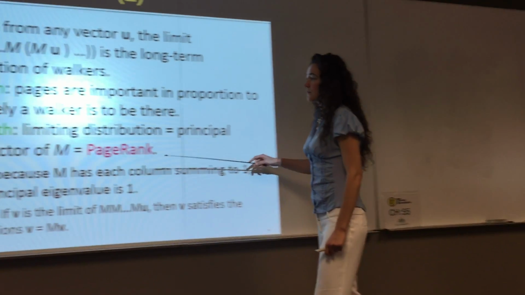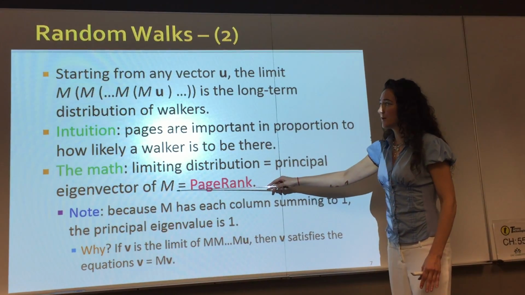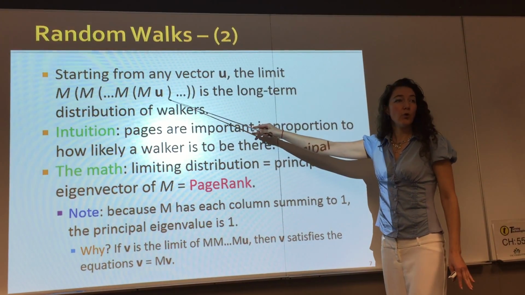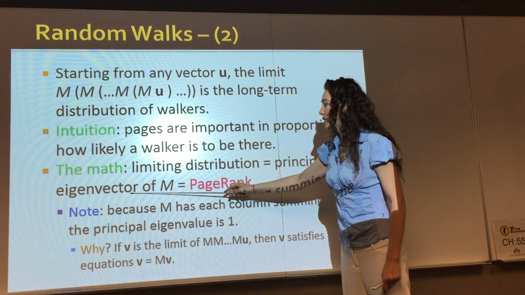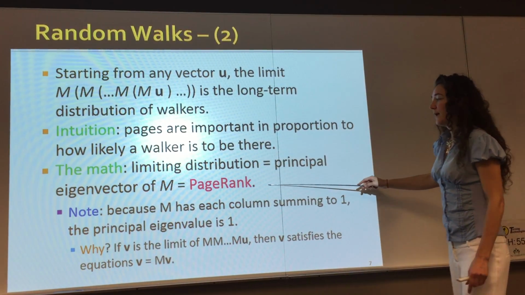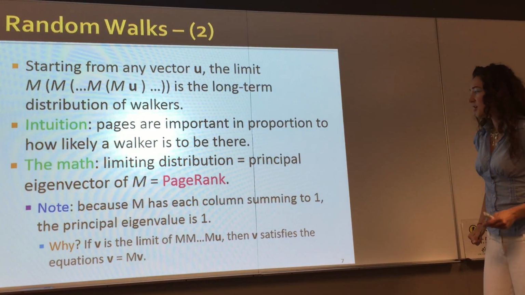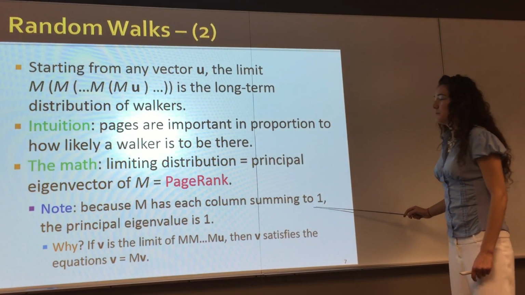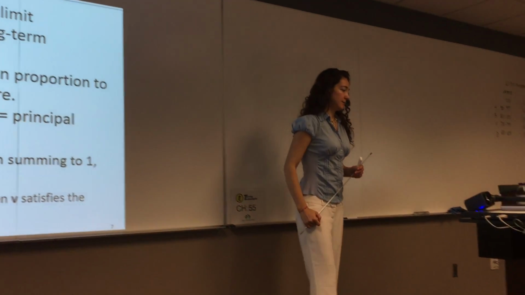So this eigenvector that we talked about, once we keep multiplying the matrix with the chosen vector, and that could start with all ones, and when it eventually converges, it's going to give us what's called the principal eigenvector, and that is what is used for ranking the pages. M has each column summing to 1 because remember what's recorded in the matrix is 1 over n.